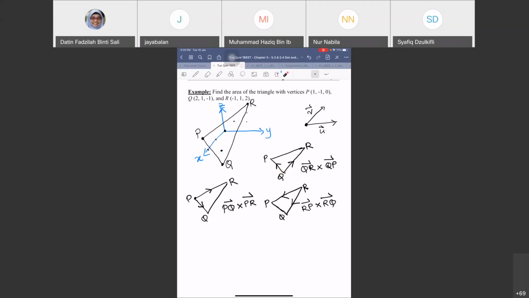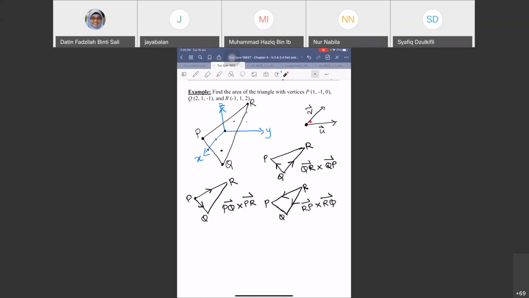Also can, because when it comes to area, just now whether I use u cross v or v cross u, in terms of area I will get the same area. So when you want to establish your cross product for this question, you actually have 6 possibilities.